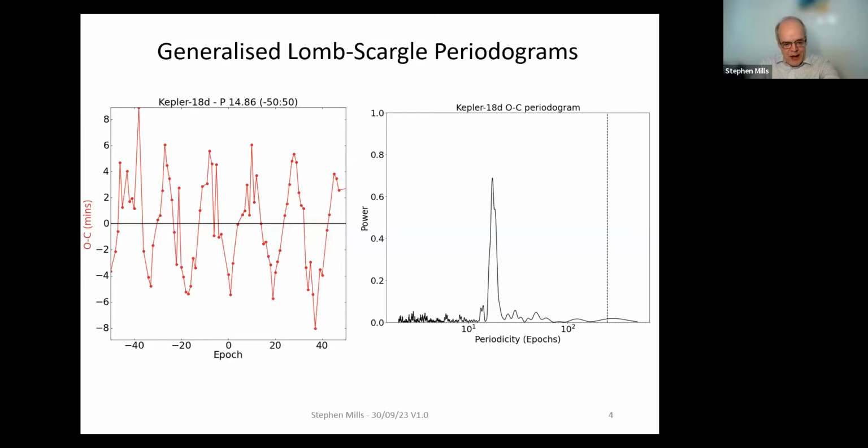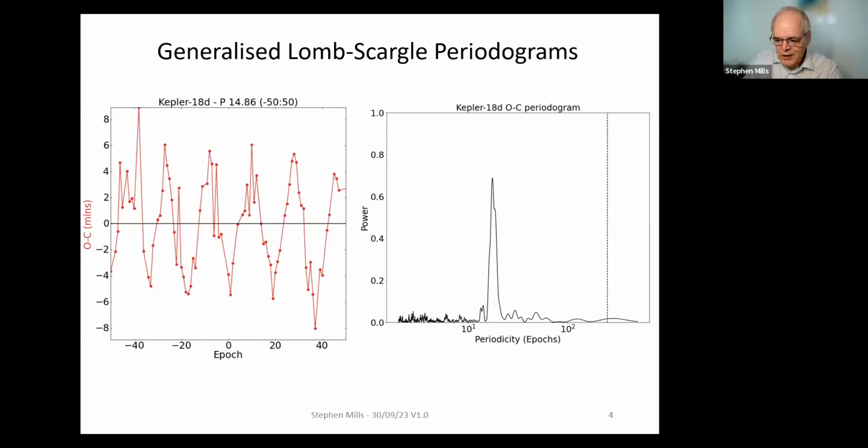And if you look at the left-hand side, you can kind of see that that varies every somewhere around just less than 20 epochs or orbits. And if you look on the right-hand side, that peak in the periodogram is around 17 and a bit, actually. So it very clearly shows this periodicity.